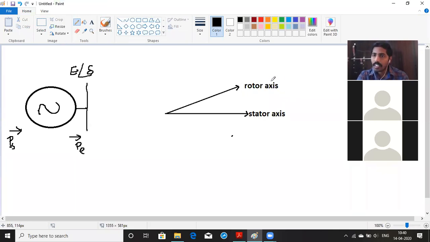The angle difference between the stator axis and the rotor axis is nothing but delta.